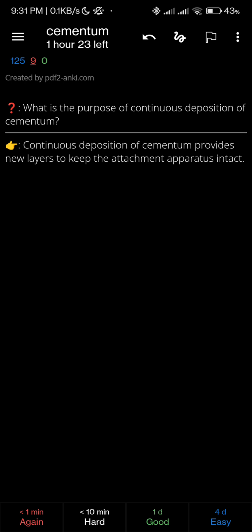So continuous deposition of cementum provides new layers to keep the attachment apparatus intact.